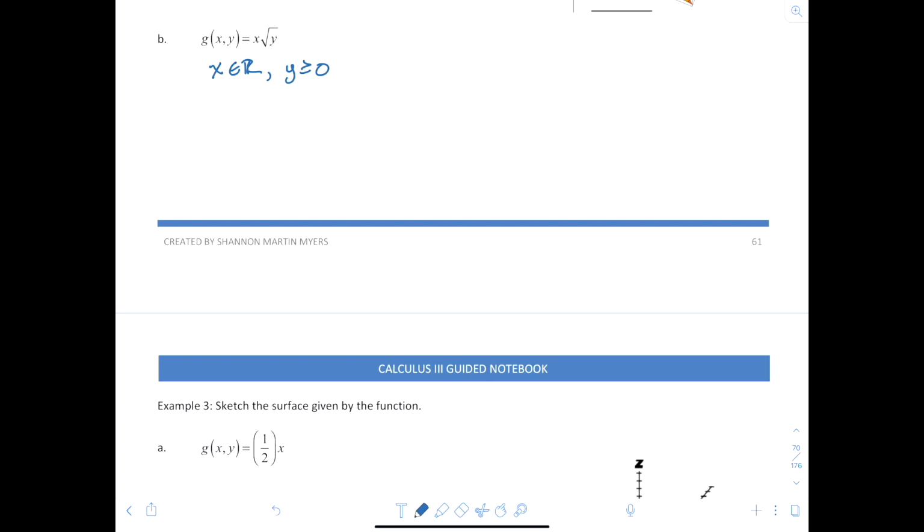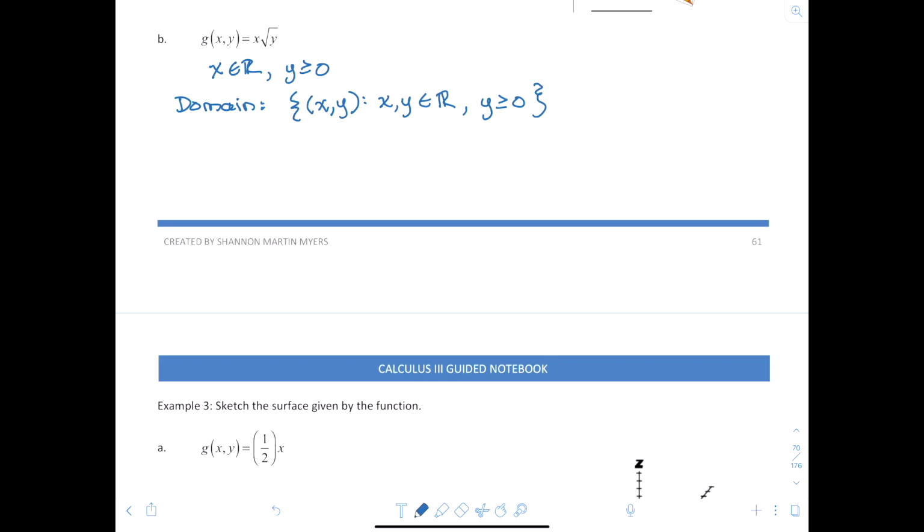So we don't get a negative under the square root. So our domain will be all the ordered pairs x and y such that, beautiful, such that x and y belong to the real numbers and y is greater than or equal to 0. Cool, cool?